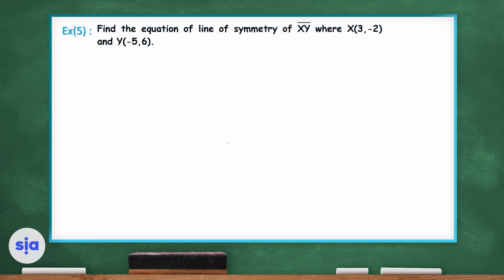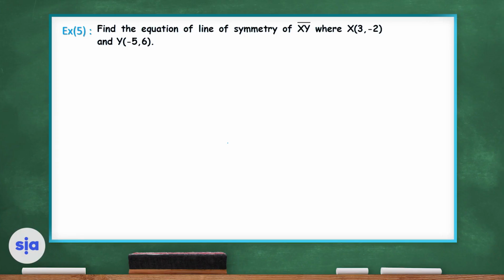Find the equation of the line of symmetry of XY, where X has coordinates (3, -2) and Y has coordinates (-5, 6). To find the line of symmetry, it's a vertical line that passes by the midpoint. So first of all, what we have to get is the midpoint of XY.